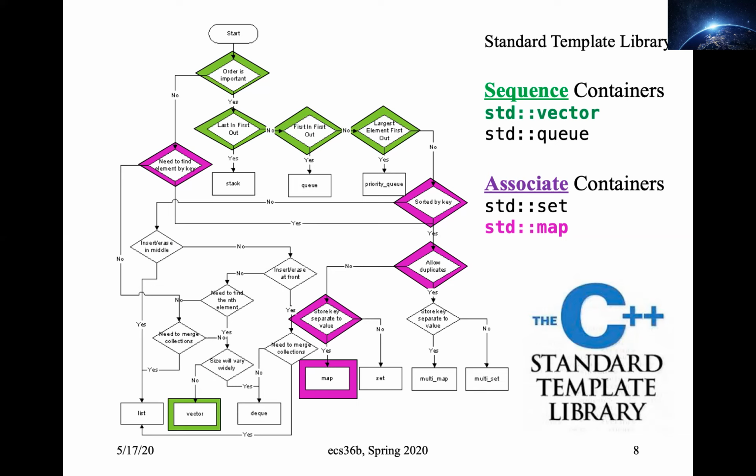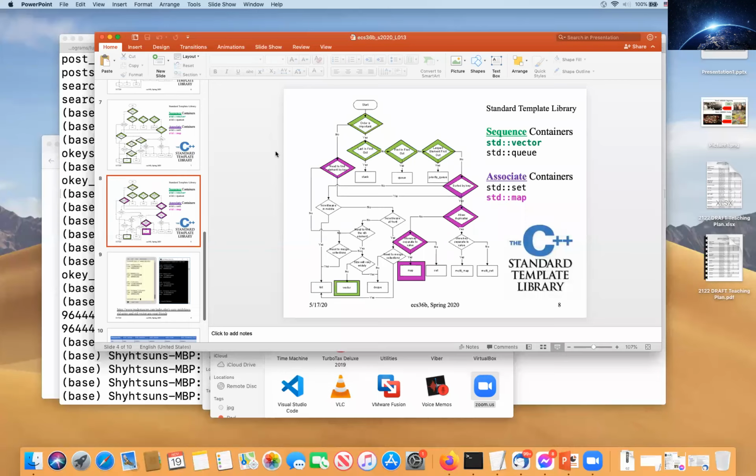Sometimes we call either a sequence container or an associative container. In sequence containers, there is an order, and associative containers look for a keyword to grab it. Okay. All right, having said that, I'm going to start talking about your homework 6.